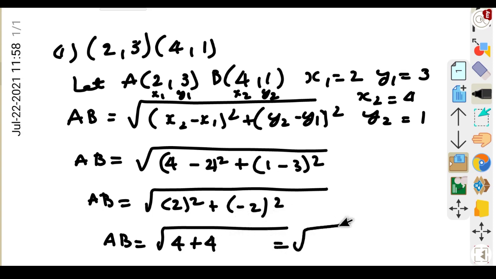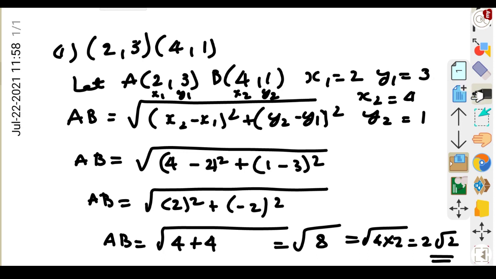So the answer is root 8. Root 8 can be written as root of 4 into 2, so the answer will be 2 root 2 units. This is the distance between the given points A and B. If you know the distance formula, you will be able to solve the problem easily.